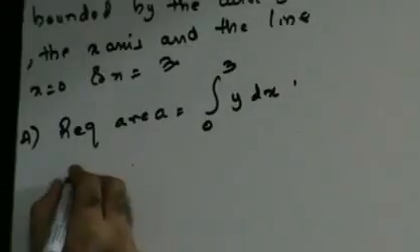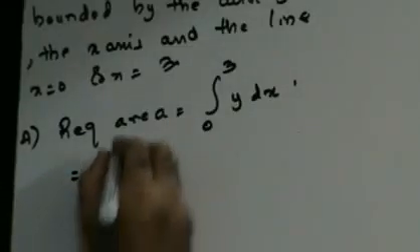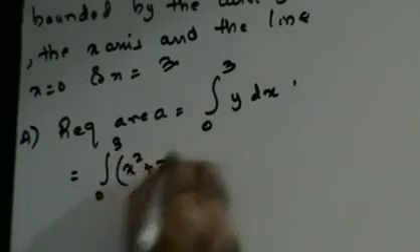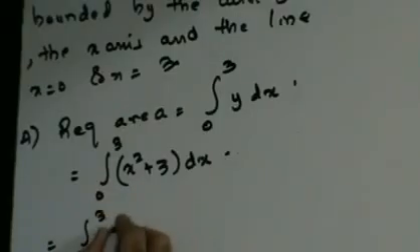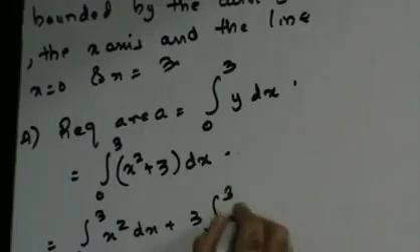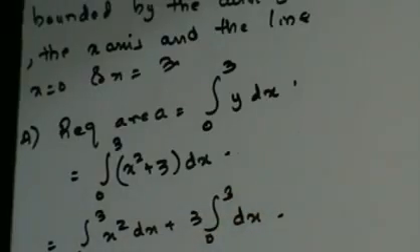Now, they've already given you that 0 to 3, the value of y is nothing but x square plus 3 with respect to x. This can be written as integral of 0 to 3 x square with respect to x plus 3 0 to 3 dx. Integral of x square is x cubed by 3 from 0 to 3.